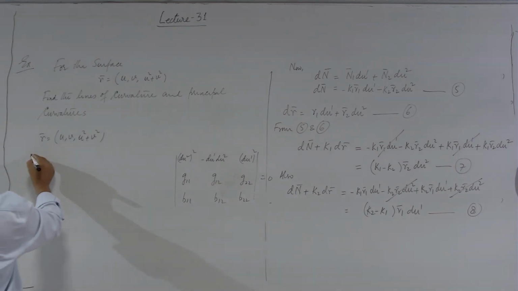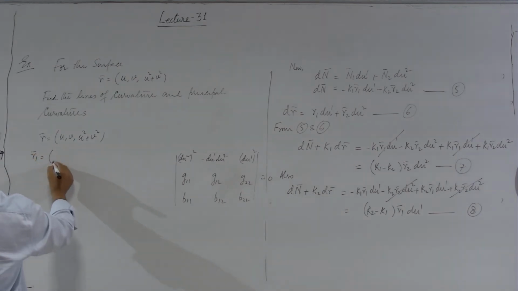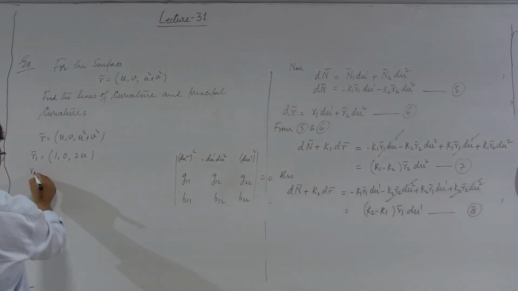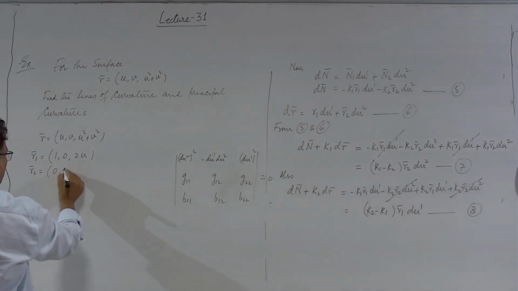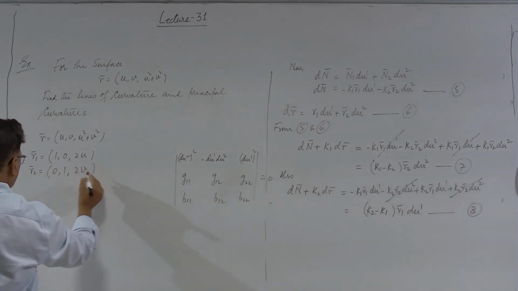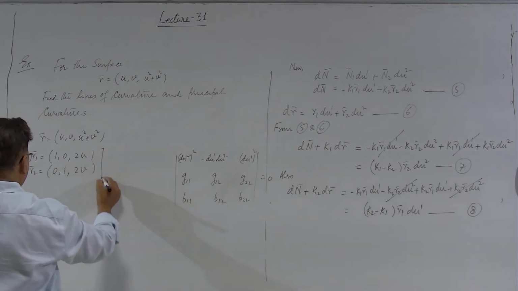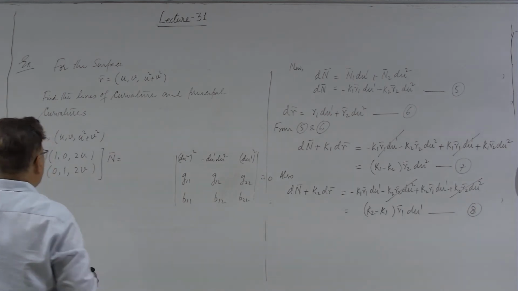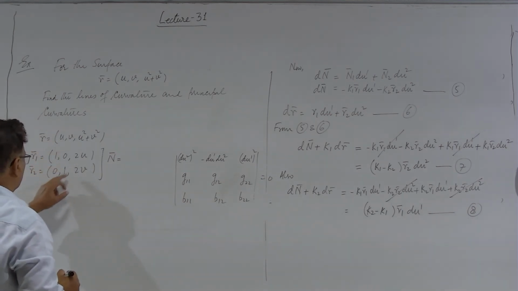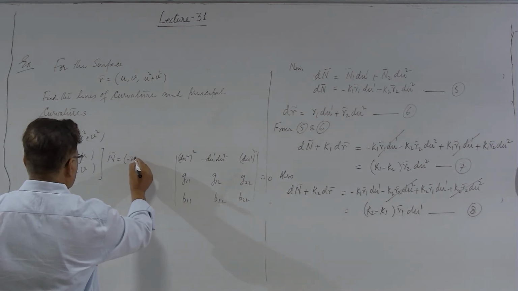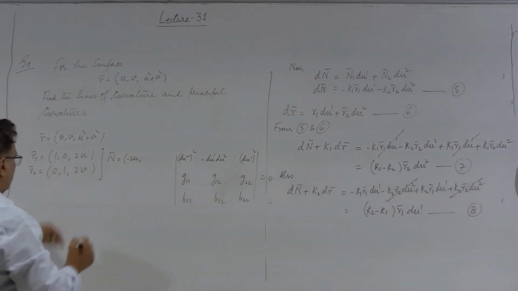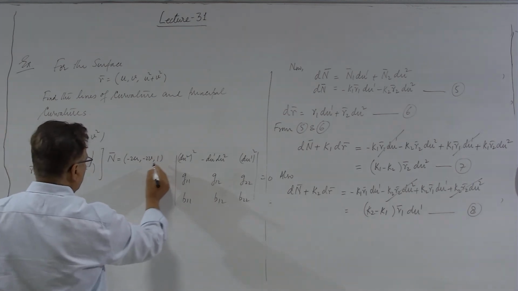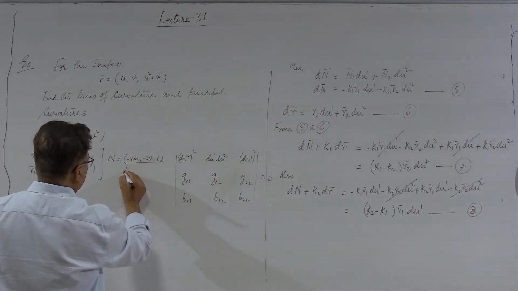So, r1 means derivative with respect to u, so that will be (1, 0, 2u), r2 will be (0, 1, 2v), and from here you can compute n also, and the cross product will give you minus 2u and then minus 2v, and this will give me 1, and you should divide by its magnitude.